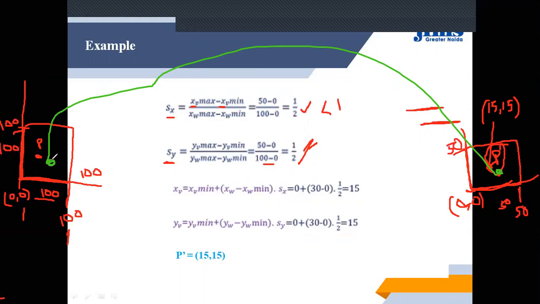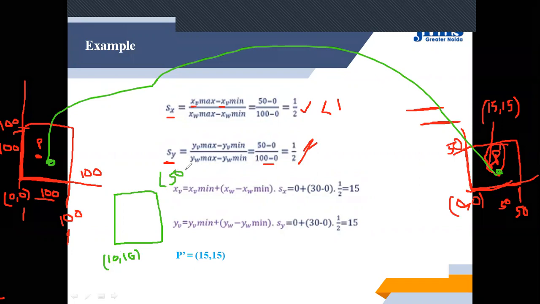There can be one more case to find out the coordinates. Sometimes they say that this is our window, and the coordinate of one end of the window is suppose 10, 10, and the coordinate of the opposite side of the window is 50 and 50.